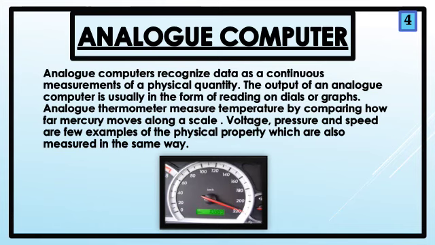Voltage, pressure and speed are a few examples of physical properties which are also measured in the same way. An analog computer is a type of computer that uses the continuously changeable aspect of physical phenomena such as electrical, mechanical and hydraulic quantity to model the problem being solved.